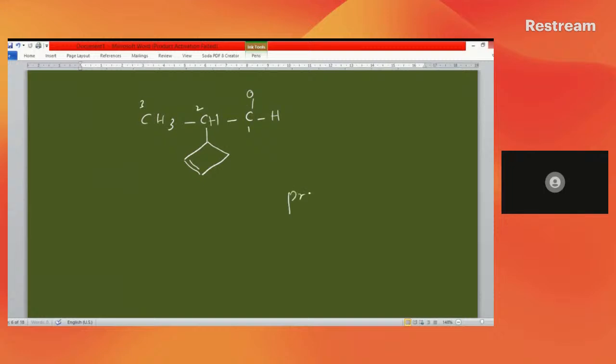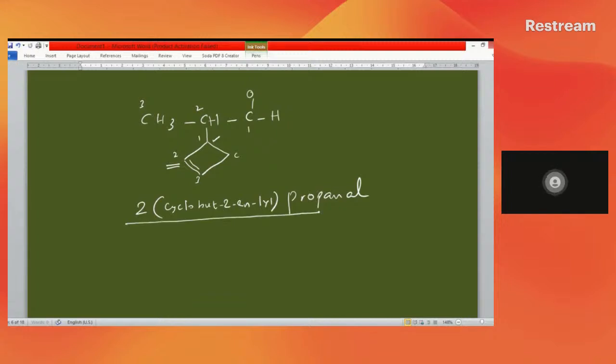So you can call it propane, propanol. The branch is found at second position. What's the name of the branch? This is the branch. The branch is having 4 carbons, so you can call it cyclobut. Unsaturation is present at position number 2, so 2-ene. This cyclobutene, first carbon is getting attached with the propanol, so 1-yl.